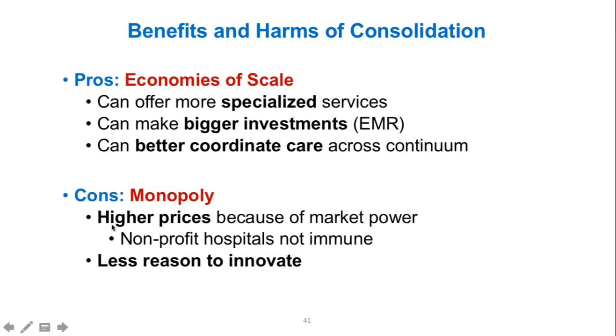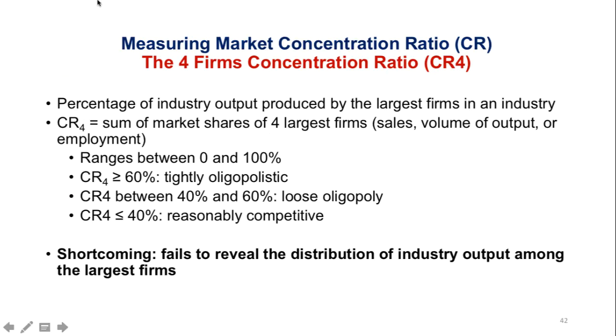So there is no reason to improve the quality of care, no reason to innovate or come up with a better idea for improving care. And they set their price higher because there is no competition. That's the negative side of consolidation.